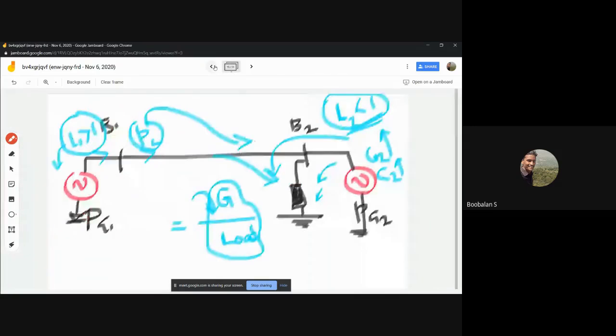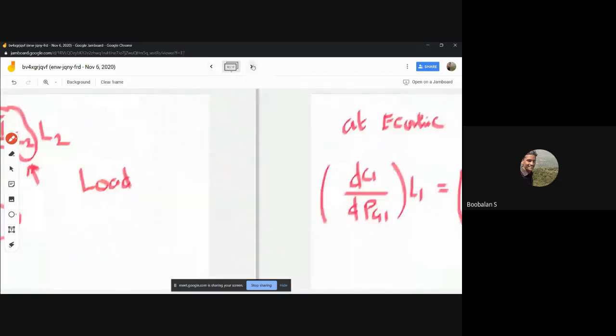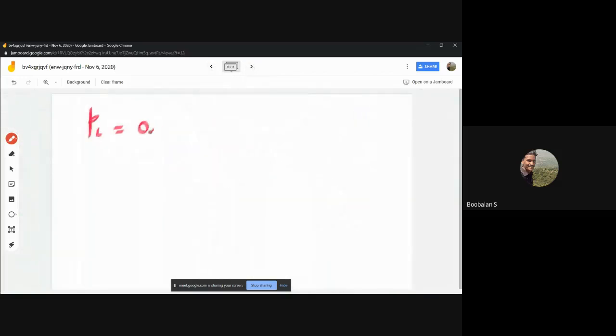PL, what is the PL value? 0.001 PG1 squared. This is the equation for power loss. Now we need to differentiate with respect to PG1. So dPL divided by dPG1.